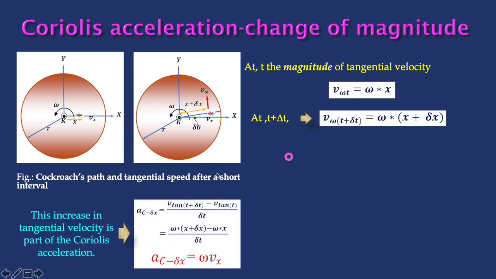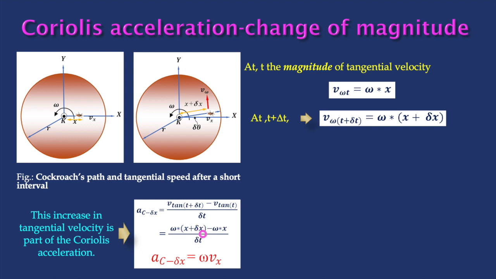So this acceleration can be written as AC del x equals this. Here V suffix tan indicates the tangential velocity, meaning this component, equals omega into x plus del x, the final velocity, minus the initial velocity, divided by del t.